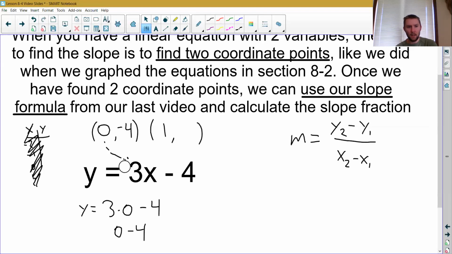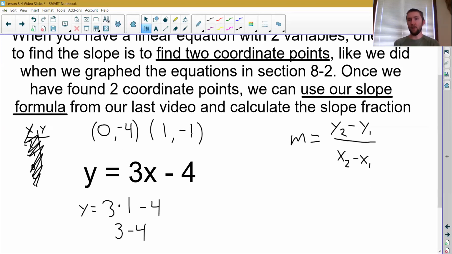Okay? So I get that coordinate point, 0 comma -4, by plugging 0 into the equation. And then I can do the same thing with 1, plug 1 into the equation for x. So instead of 3 times 0, it will be 3 multiplied by 1. 3 times 1, of course, is 3. 3 minus 4 is -1.